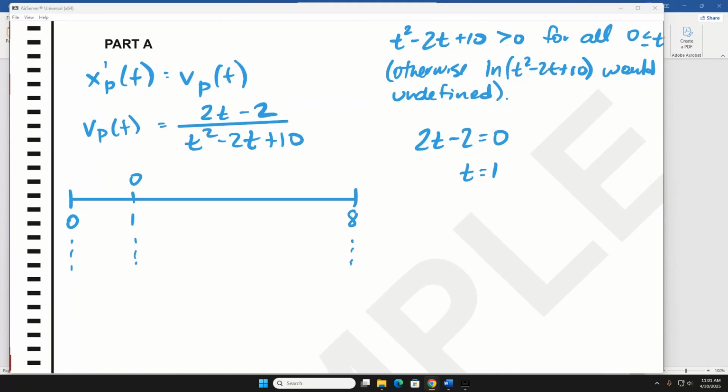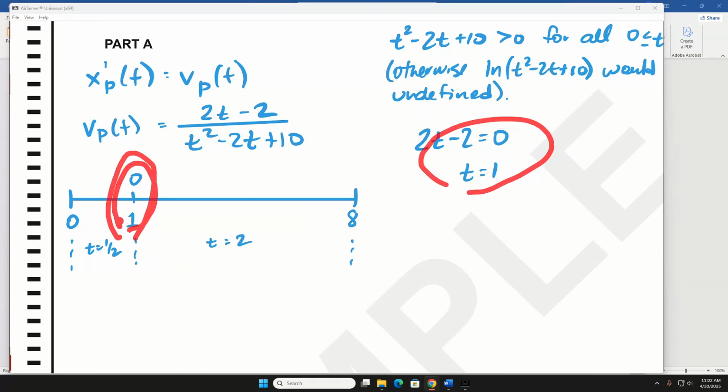All right, so let's test some other times that are in these different intervals. So I'm going to test 1/2, and I'm going to test 2. Because this is the only time the particle is at rest, we'll change sign maybe at 1, before 1 or after 1, but never any other time.